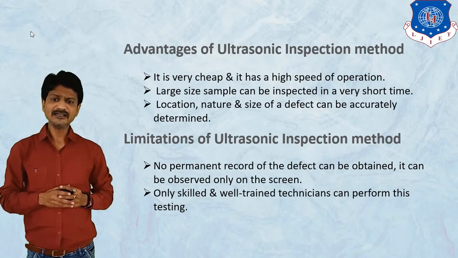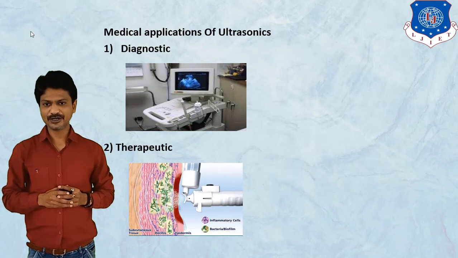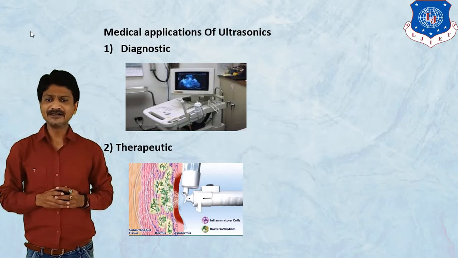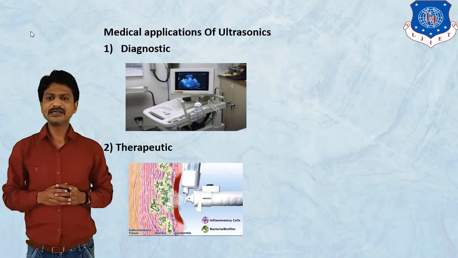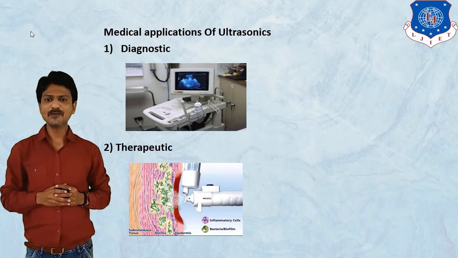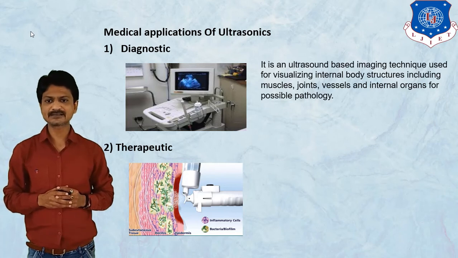Now, we will discuss medical applications of ultrasonic. We will start with the first application, that is the diagnostic application. It is an ultrasound-based imaging technique used for visualizing internal body structures including muscles, joints, vessels and internal organs for possible pathology.